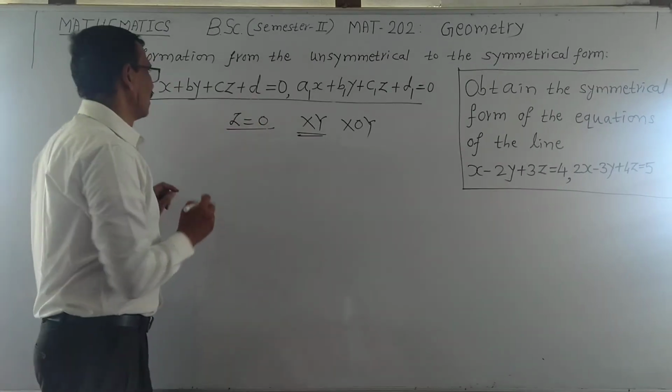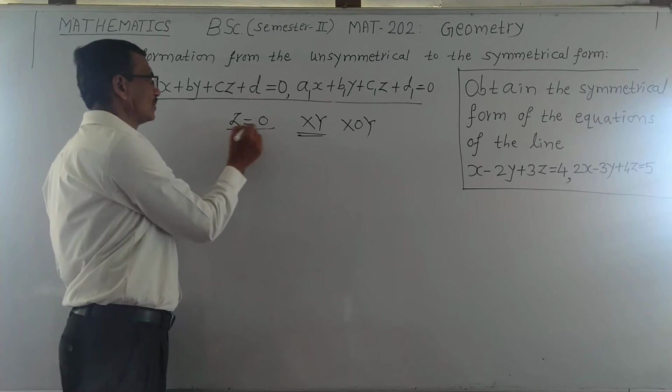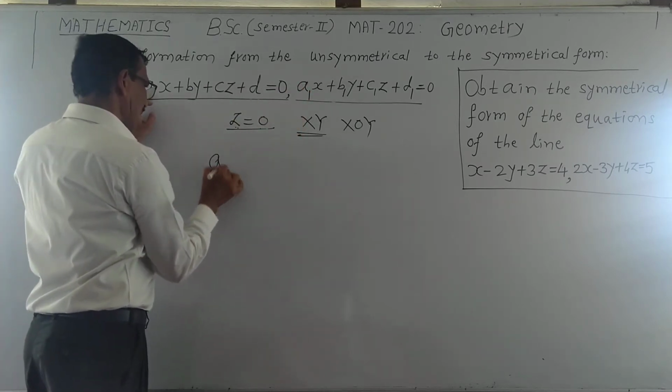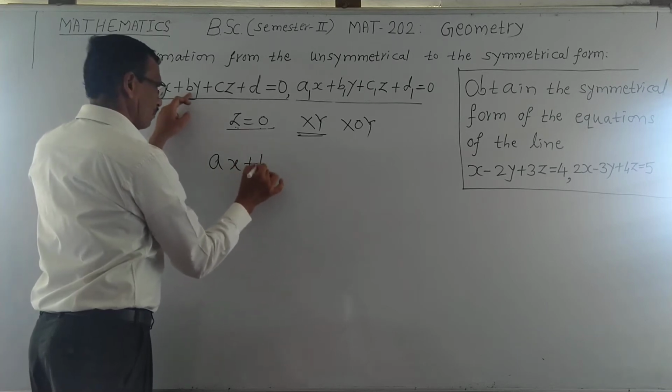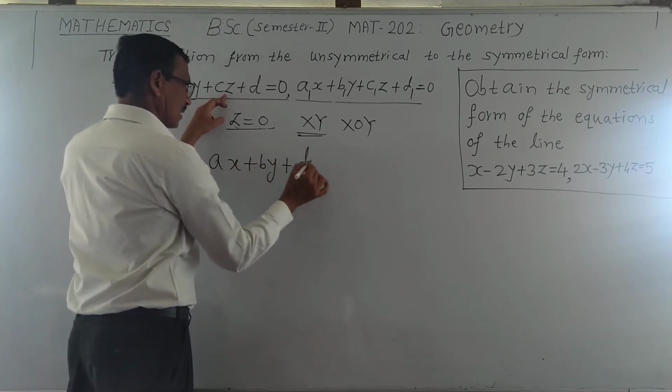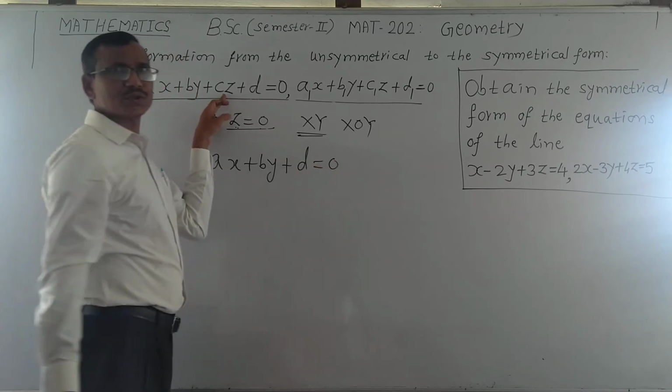As Z equals 0, we put the value of Z as 0 in the first equation and we get AX plus BY plus D equals 0.